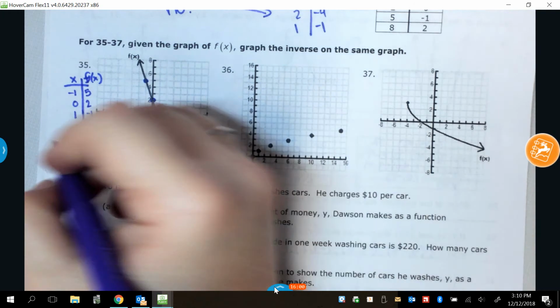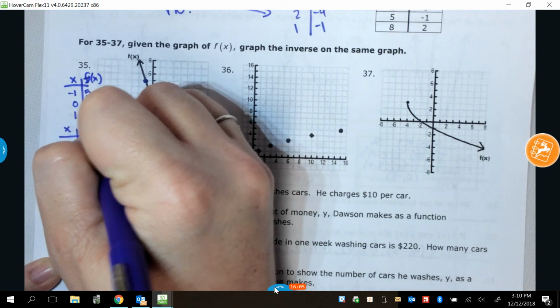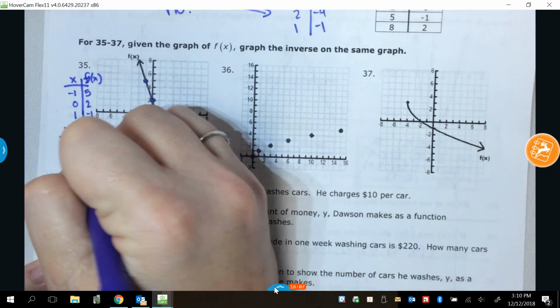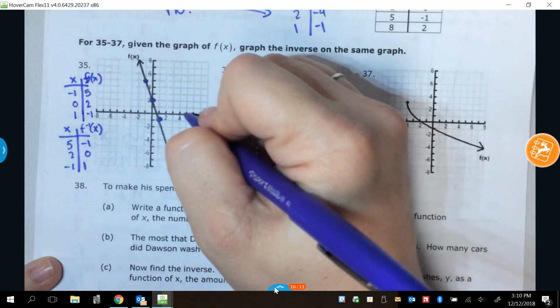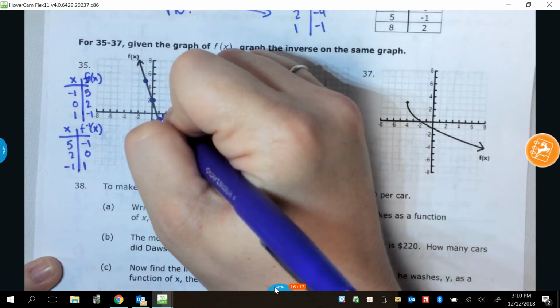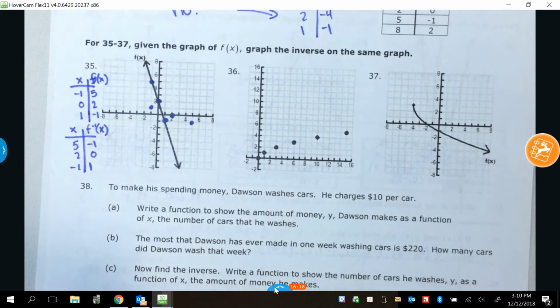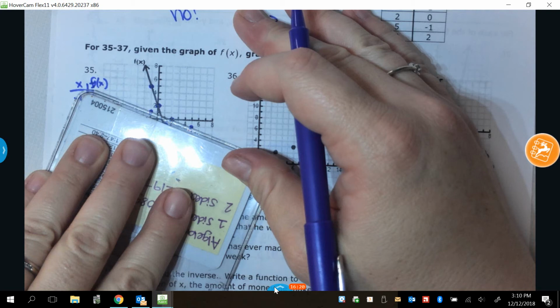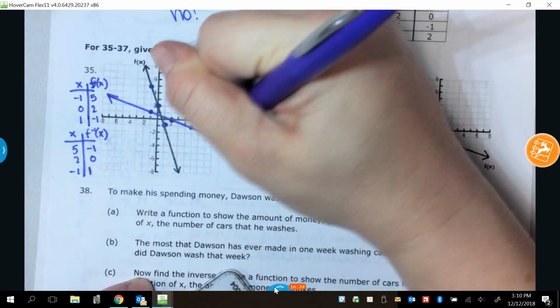And my inverse of that would be (5, -1), (2, 0), and (-1, 1). So let's plot that. Then we can draw our straight line. And there is my inverse graph.